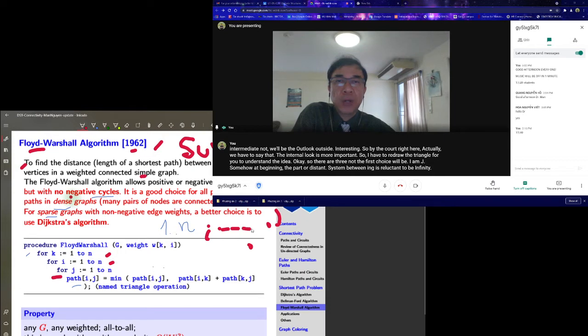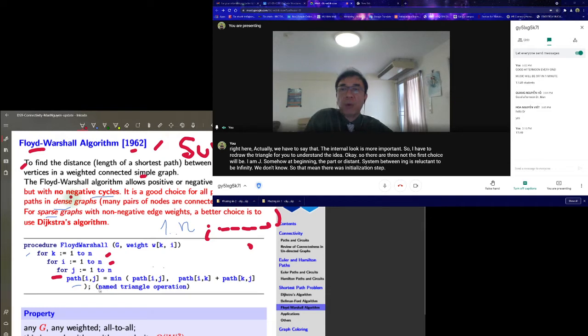So there was an initialization step where you give the length from i to j, and we did not bypass i and j here. Actually, this one is the distance between i and j. Okay, and then the outer loop k here will be the intermediate node.